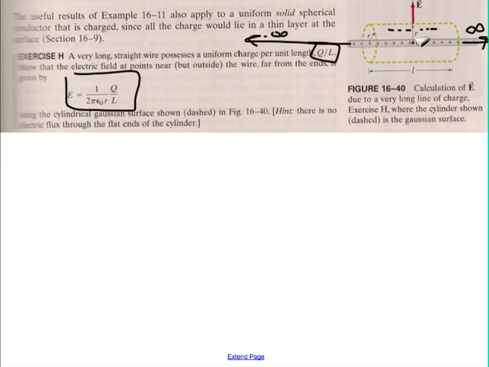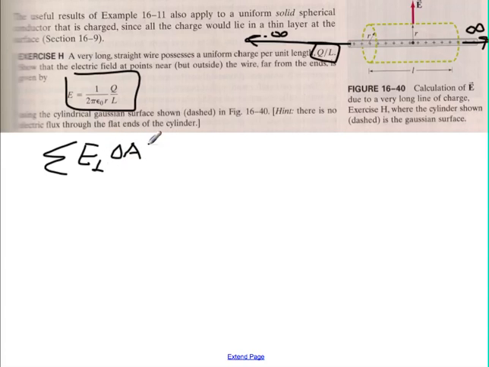Let's use Gauss's law. So you can see that they've already set up a little bit of a green surface for us. And okay, so I think we want to just write down Gauss's law. So E sub perpendicular, the perpendicular E field, over the little pieces of area that are on our Gaussian surface.